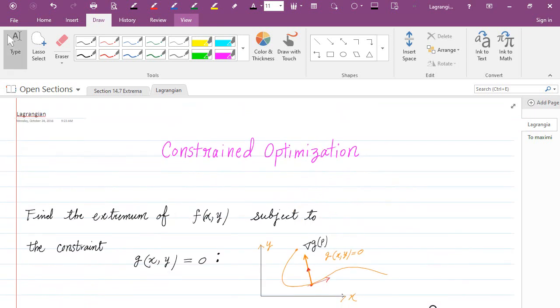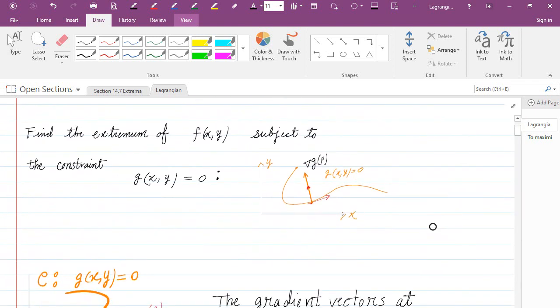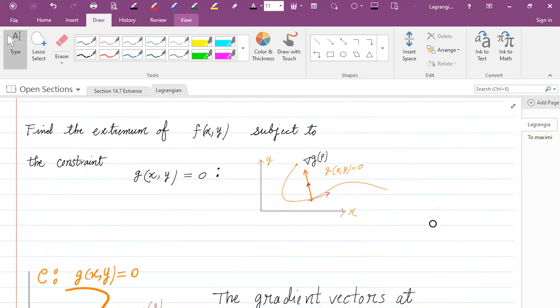I want to introduce now constraint optimization, and let's look at the case of two variables first. So let's say we want to find the extremum, which means either the global max or min.